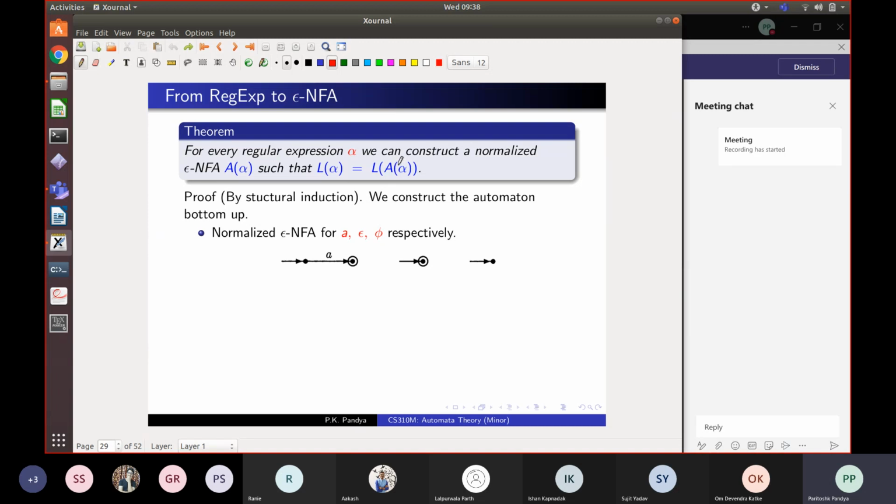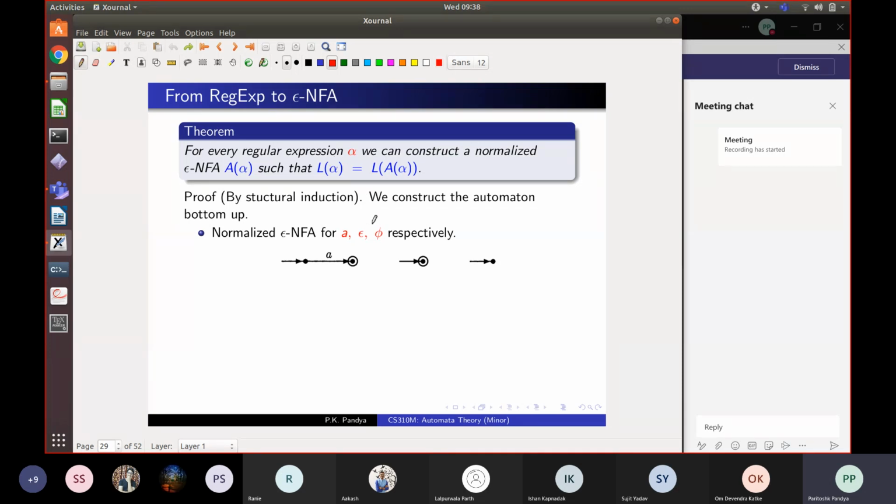We did this construction by structural induction, meaning every regular expression is either an atomic regular expression or it is constructed out of subexpressions using one of the operators dot, plus, or star. This is the only way to get more complex expressions out of simpler ones. So if we know how to construct automata for simpler expressions, we can compose them to get the automaton for the larger expressions. Such definitions are called definitions by structural induction on alpha, right?